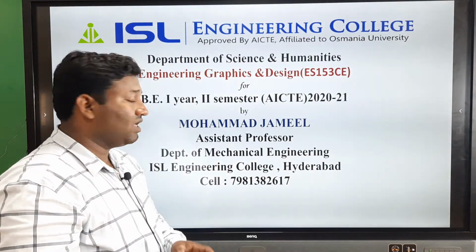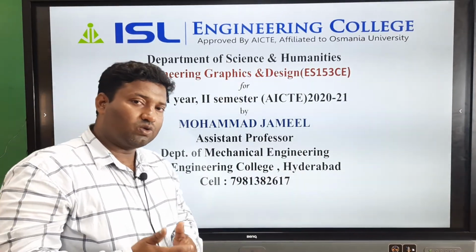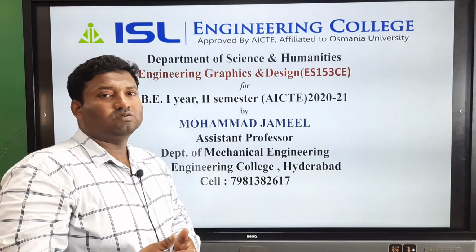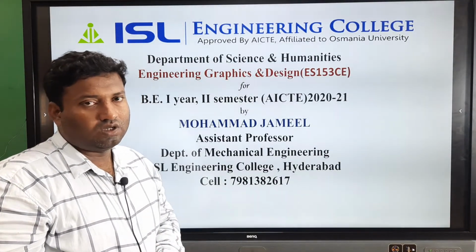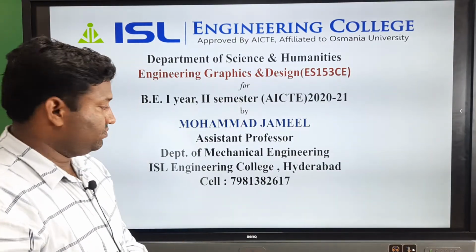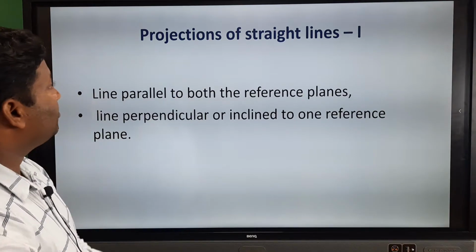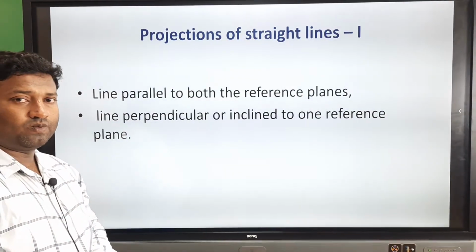How they are similar, we are going to discuss in a problem when we analyze or imagine through that line. Now in sheet number 9, we have to discuss the projection of straight line 1.